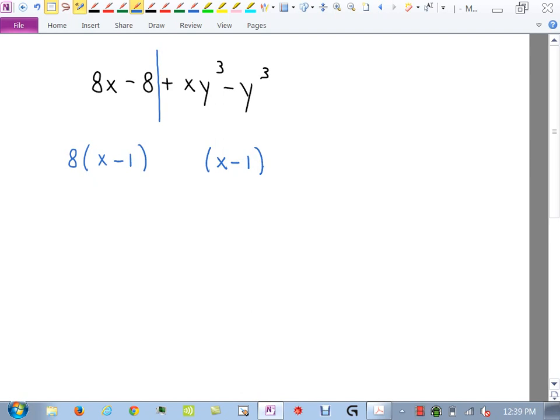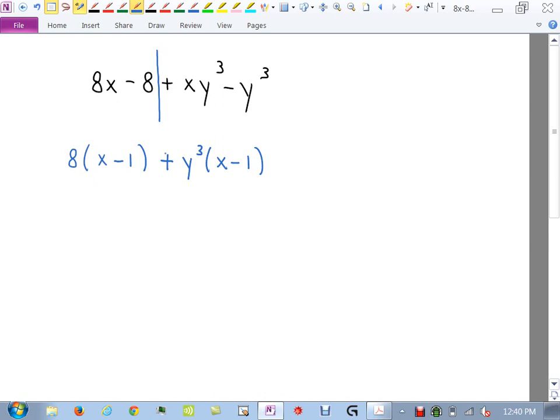And now I try and come up with something that will create what's up on top there. So how do I turn my x into xy cubed? Y cubed. And I put that out here, right? And it'll be a plus, a positive y cubed, so I should put that plus out in front. Remember, with grouping, you always had to have a sign there.